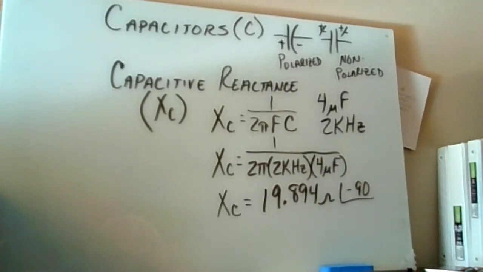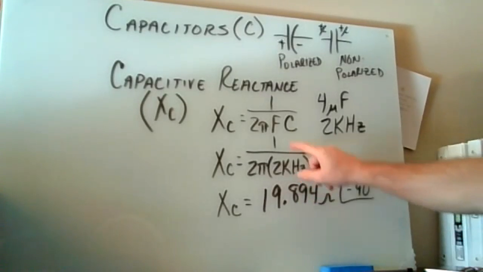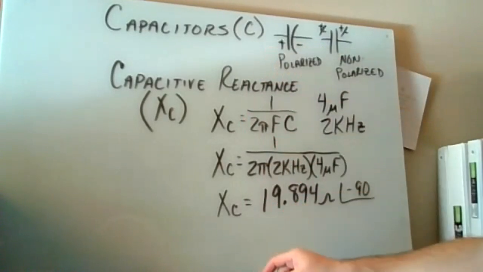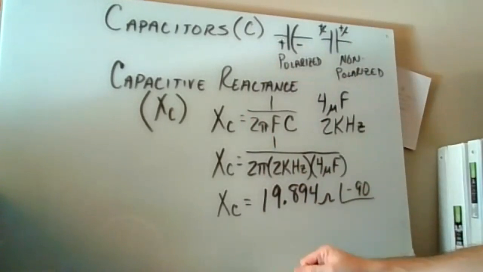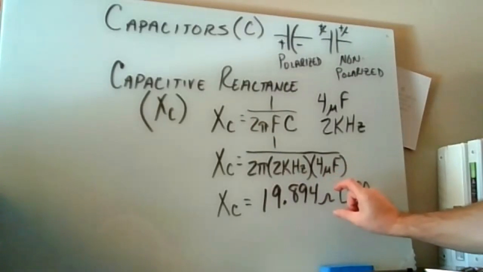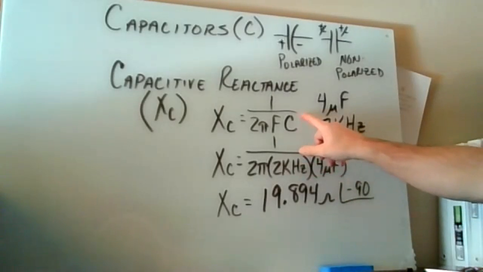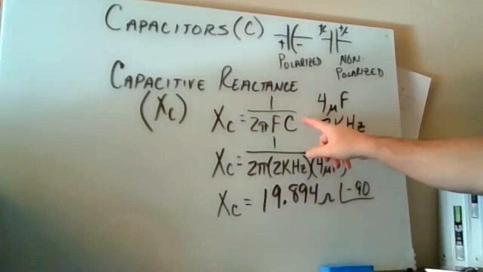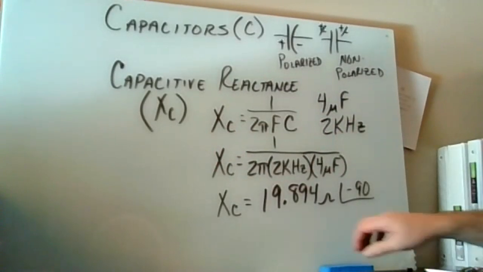If I changed the frequency to 6 kilohertz, it gets even lower, because a bigger number in the denominator makes X of C go down. If I reduce the frequency, it goes higher. Same thing with the capacitance: the larger my capacitor, the smaller my X of C value. As my capacitance goes down, my X of C value goes up.